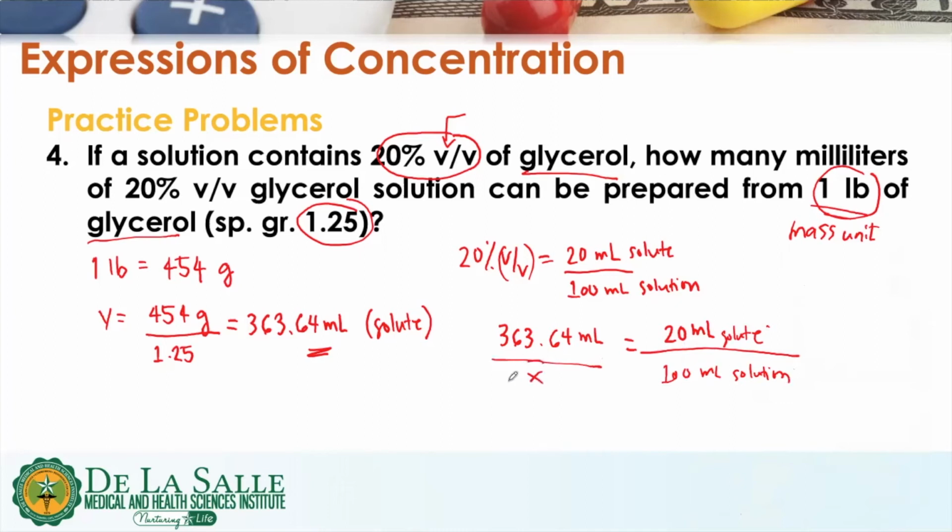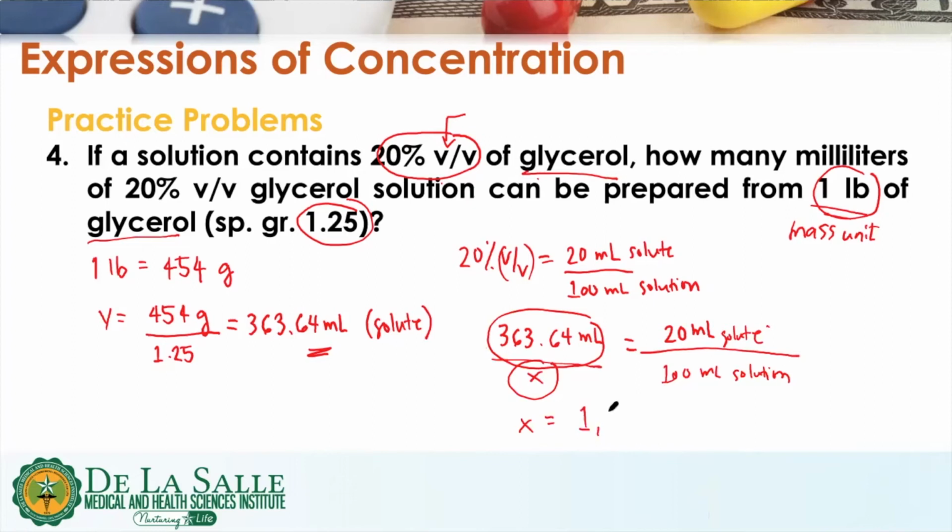So by getting the value of x, we will be able to determine the amount of the 20% by volume glycerol that can be prepared from 363.64 milliliters of glycerol, which is the same as 1 pound of it.